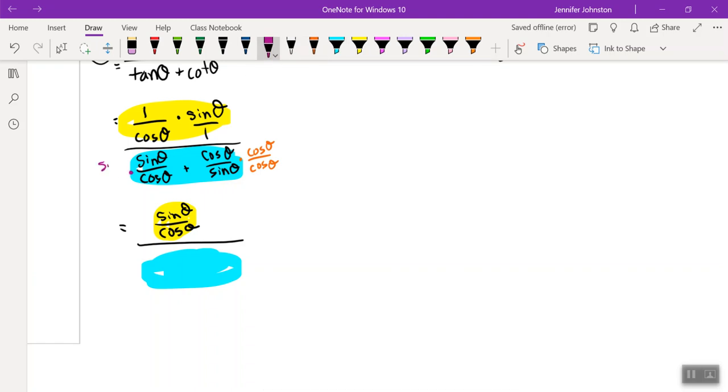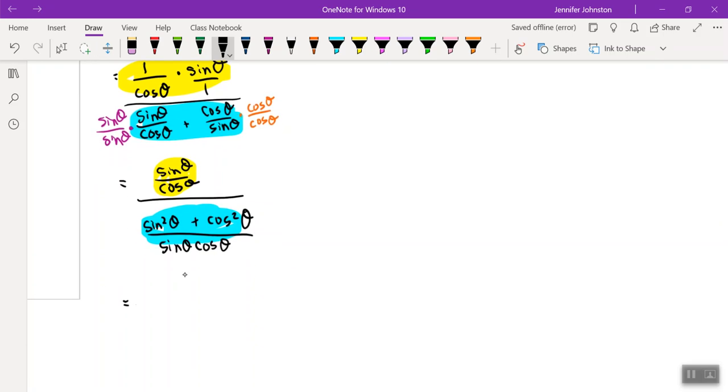And this one by sine theta divided by sine theta, because again, we don't have a sine theta here. So now they both have a common denominator, so we can write the common denominator underneath. That's both sine times cos theta, and on top we have sine squared theta plus cos squared theta.